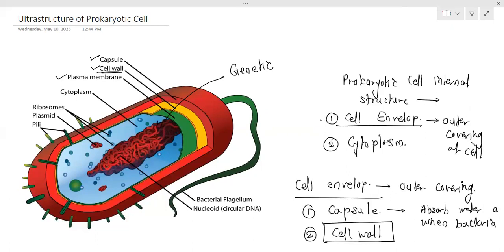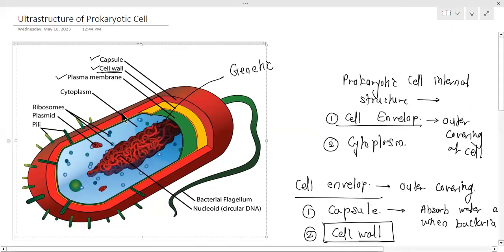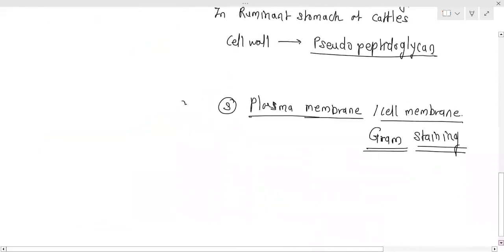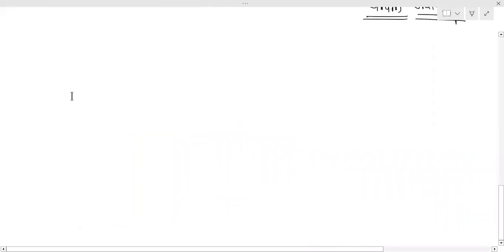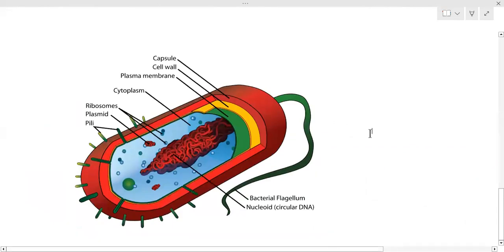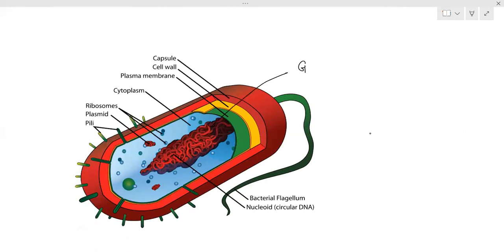We'll copy this diagram down so we get enough space to write. So the most space inside the bacteria is occupied by the genetic material, that is its DNA.